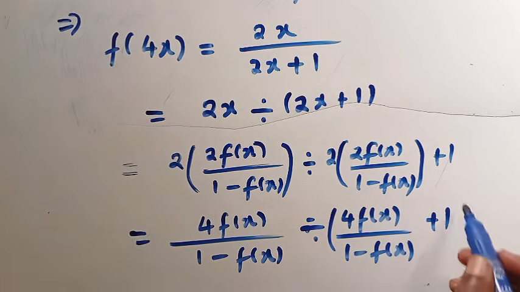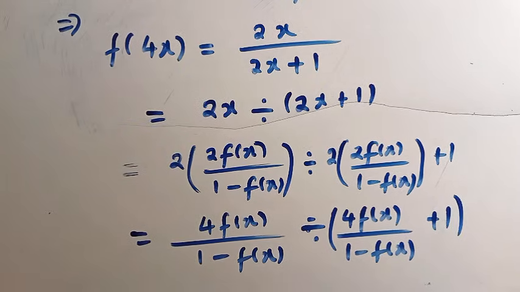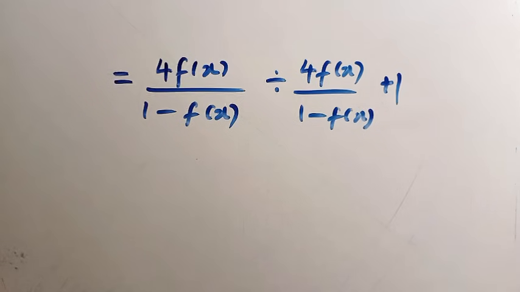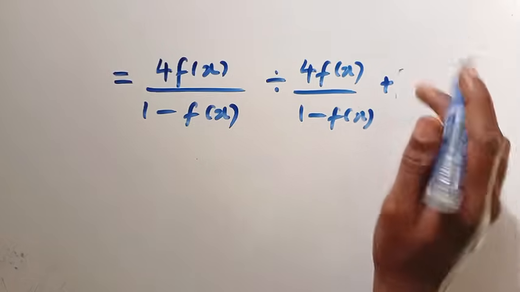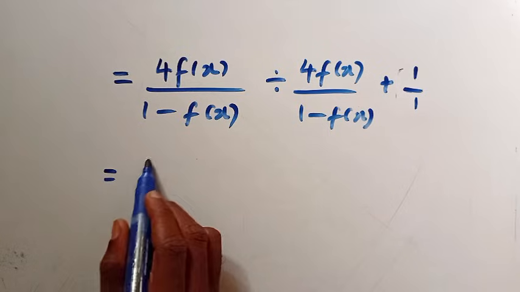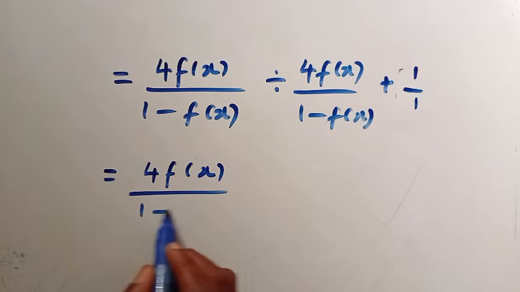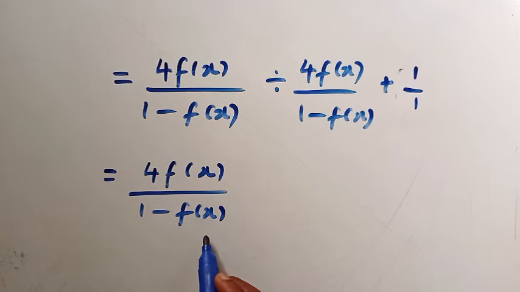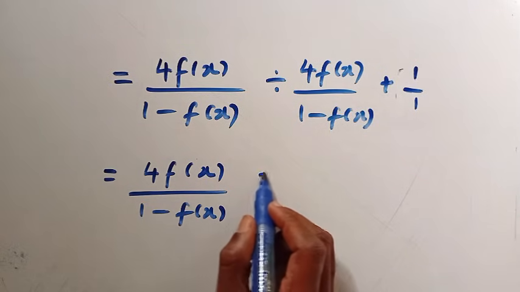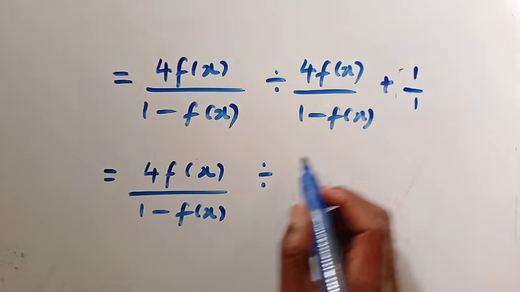So this is in bracket to avoid the misuse of BODMAS. And finding the LCM from here, let's say this is 1 over 1. We have this as 4 f of x over 1 minus f of x, then divided by, we multiply 1 minus f of x with 1.